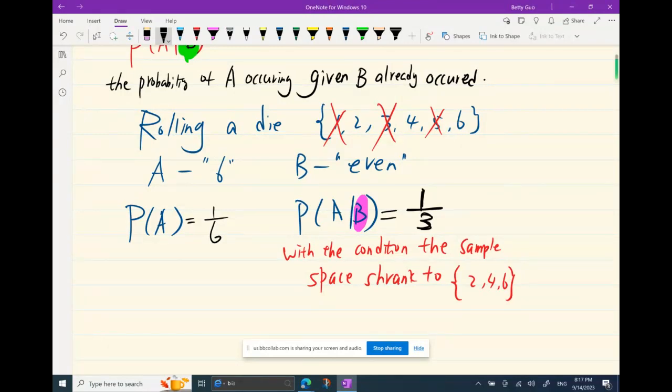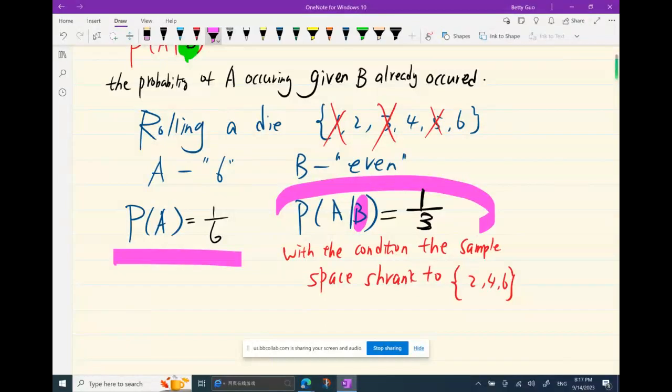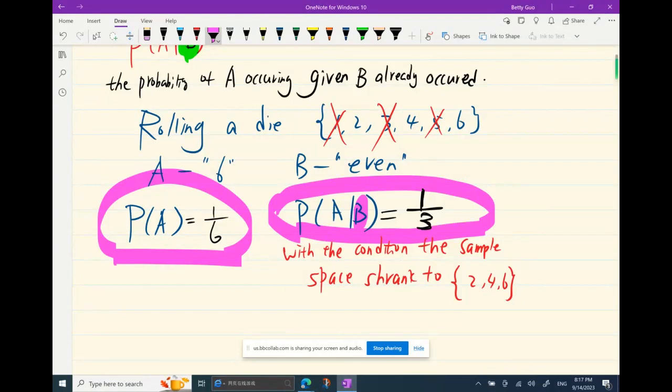So the probability of A given B, the probability of getting number 6 given the number is an even number, is 1 over 3, which is bigger than 1 over 6. Do you see the difference? This and this, they are different, right? This is a normal probability without a condition, and this is a probability with condition.